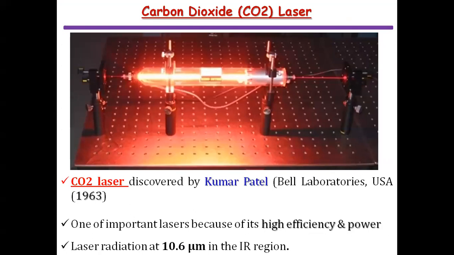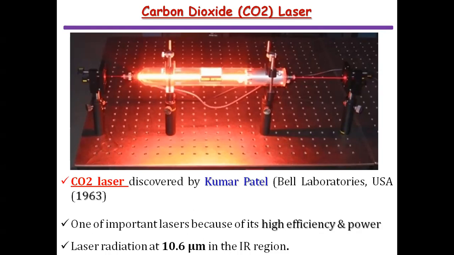The visible range is between 4,000 and 7,000, VIBGYOR, violet to red. Whereas the carbon dioxide laser will emit radiation of the order of 10,000 angstrom, which is in the infrared region.